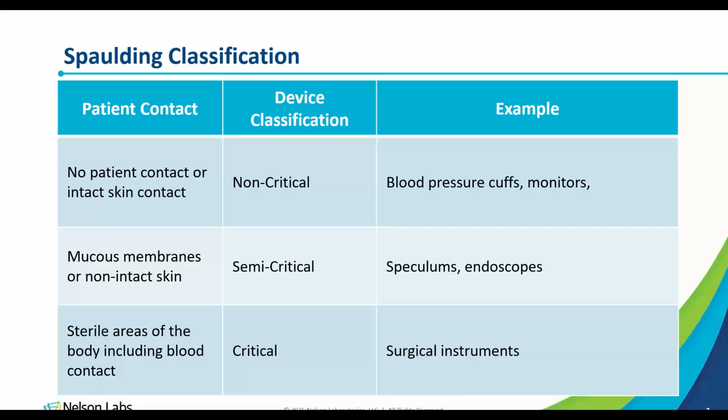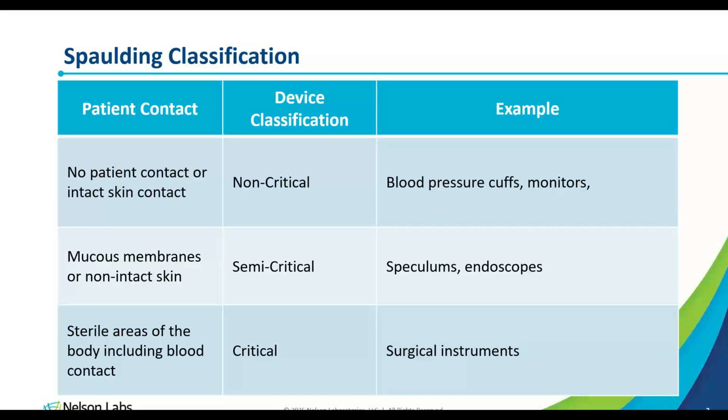And then lastly, the last classification we have are your critical devices. So these are devices that will contact sterile areas of the body, including blood pathway. So these are going to be your surgical instruments, devices that can be fairly complicated, have a lot of moving parts, can be difficult to clean, will probably become quite contaminated during use, whether that's with blood or tissue or other bodily fluids.